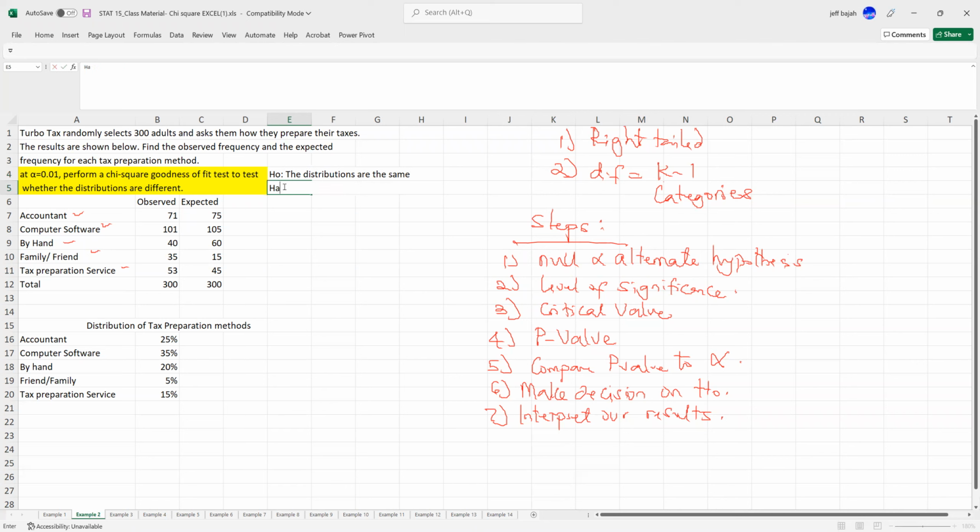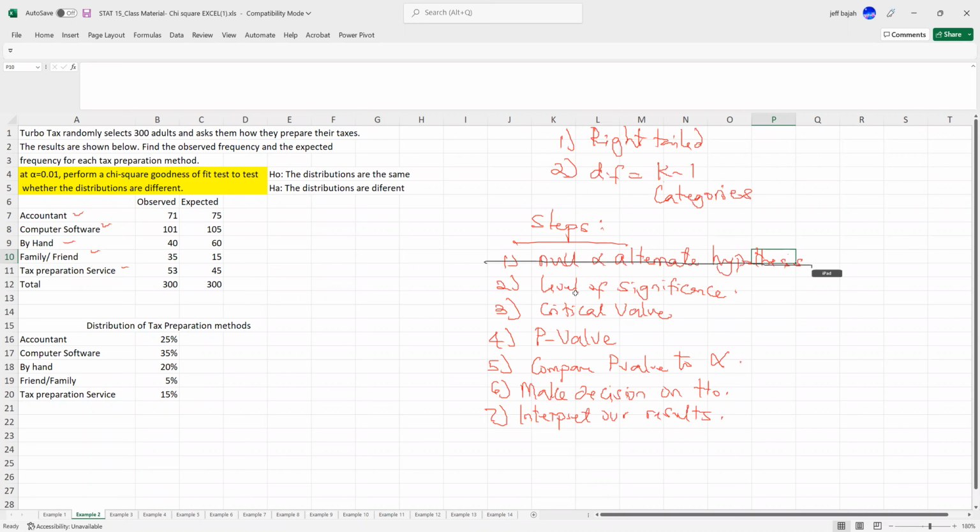And H sub A, I'm just going to do this to save time, different. So you can see the difference between this topic and your regular hypothesis testing of a sample, one sample, two samples, is that there is no mean here. There's no population mean here in this scenario. And that's the key difference. So we've done our step one. So I'm just going to go ahead and do a victory lap and say, this is done.